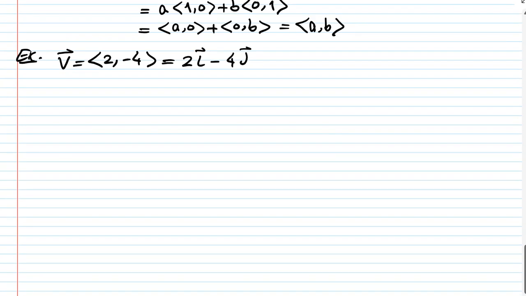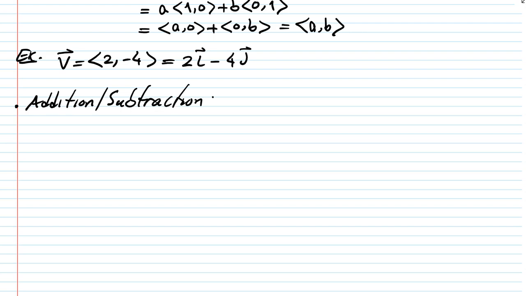Now, let's look at the addition and subtraction in algebraic form. So let's say I have a vector v. Vector v in component form is a1 i plus b1 j. And the second one, vector w, is going to be a2 i plus b2 j.